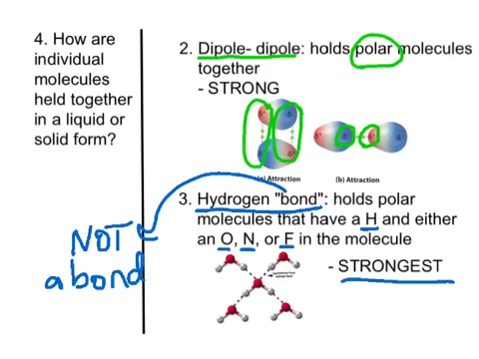So if your molecule has a hydrogen and either an O, N, or F, then the molecules are held together by this hydrogen bond intermolecular force. But again, it's not a real chemical bond. It's just an intermolecular force that is so strong it's almost the strength of a bond.